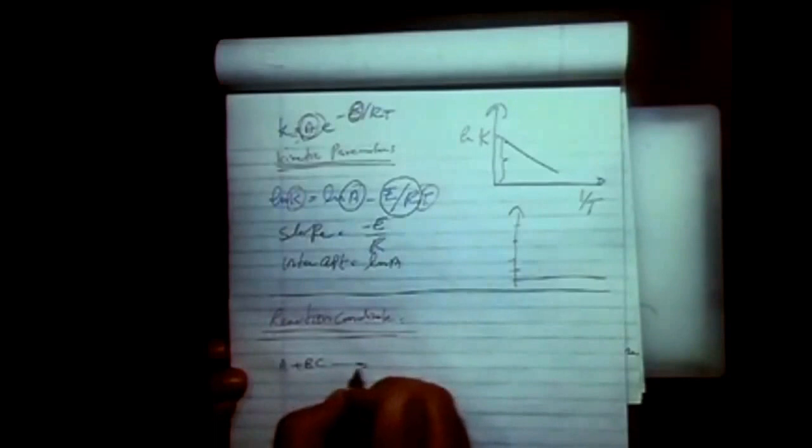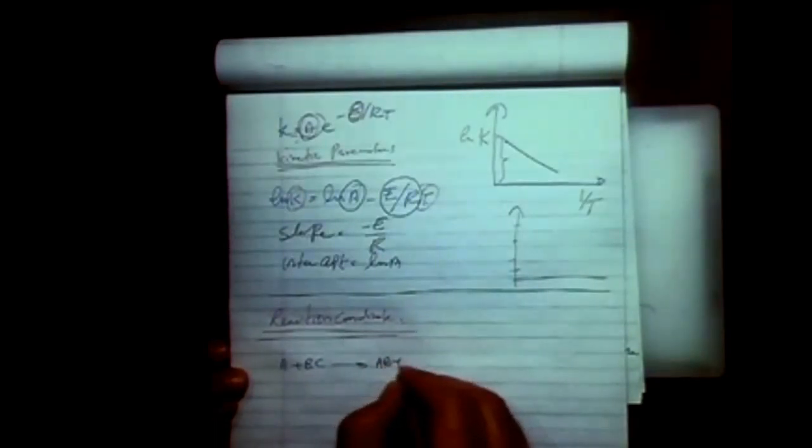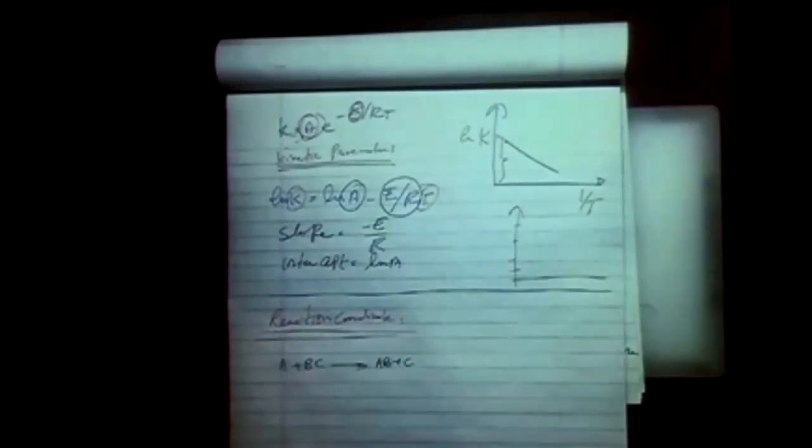So if A plus BC gives you AB plus C, correct? It's not going to happen just like that. In reality, in thermodynamics, this is the initial stage and this is the final stage, and that's what is important in thermodynamics.